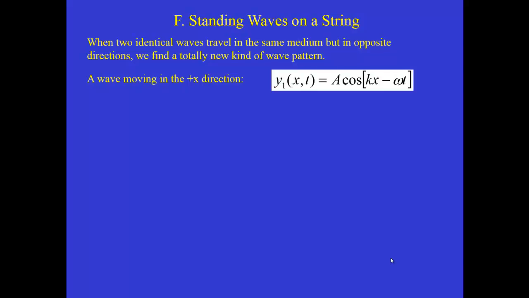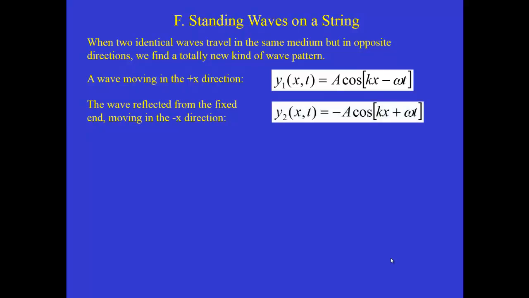This is a wave moving in the positive x direction, and when it hits the fixed end, that wave will reflect back. But because it reflects back, it flips over, and so the wave that's reflected back has the same amplitude, but it's got a minus sign out in front because the wave has been inverted.